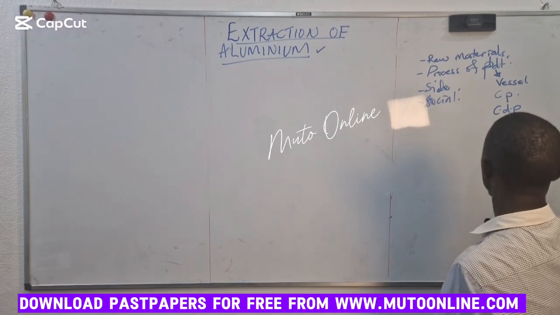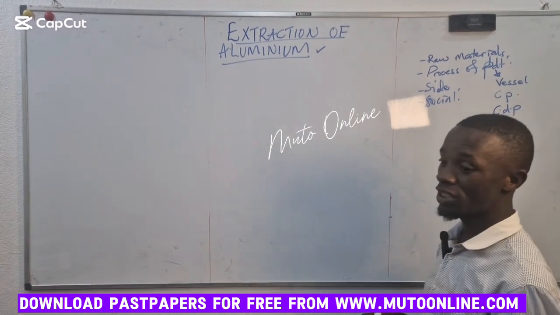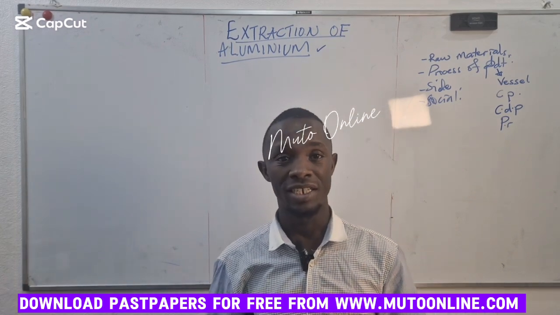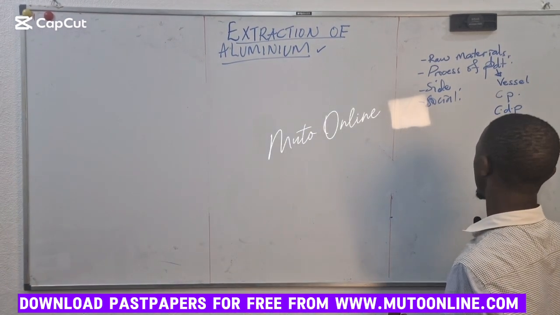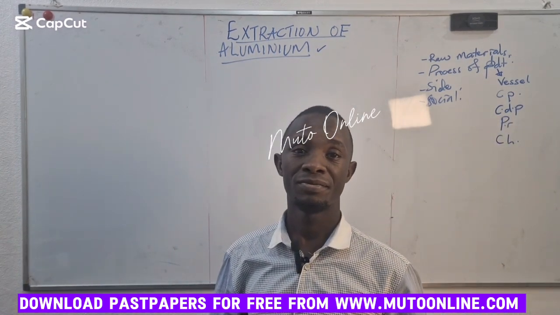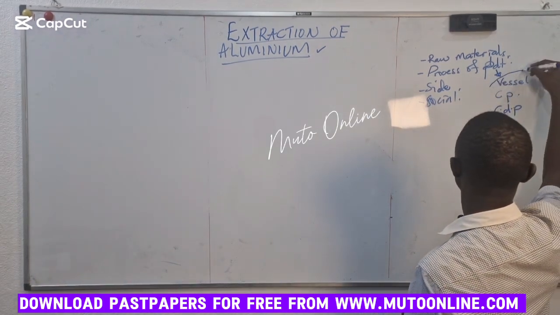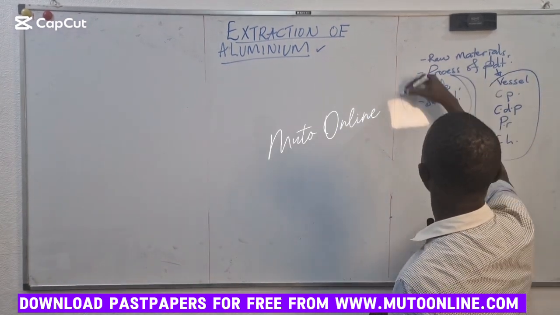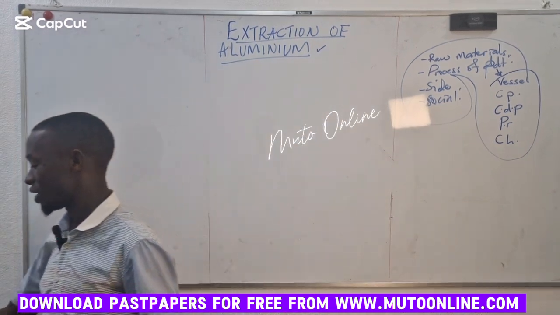They look at the purification stage. If the product formed is in impure state, how is it purified? And lastly, they look at the coherence, the flow of the work. So I'm going to look at these ones. I'm going to generally look at the process of extraction of aluminium.